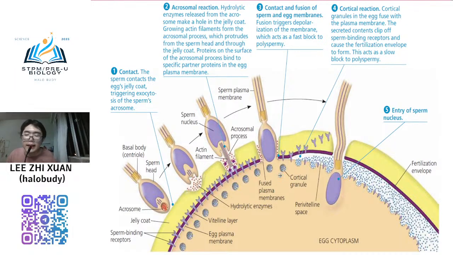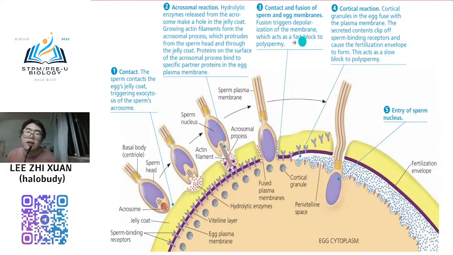We don't want that. You only want to ensure that only one sperm penetrates one secondary oocyte. So this acts as the slow block to polyspermy. Block to polyspermy means it needs to block many sperm from penetrating into the secondary oocyte. But this one is slower compared to the other one.